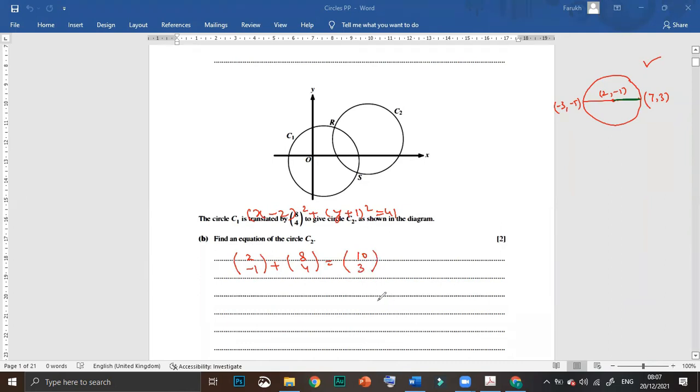In translation, the size doesn't change. So the radius is the same, that is under root 41. The new equation is (x minus 10) whole square plus (y minus 3) whole square is equal to (under root 41) whole square.